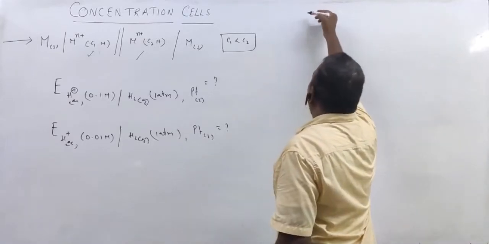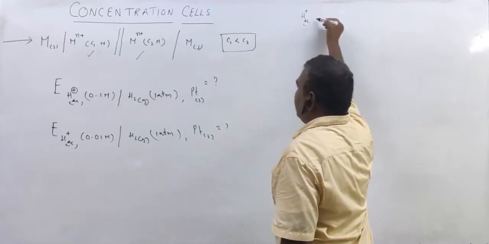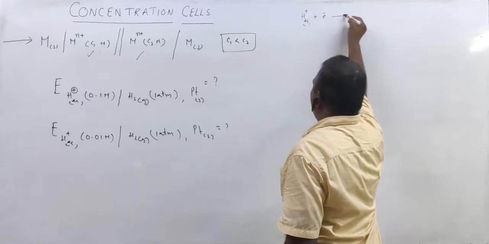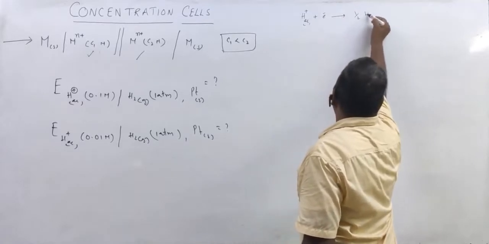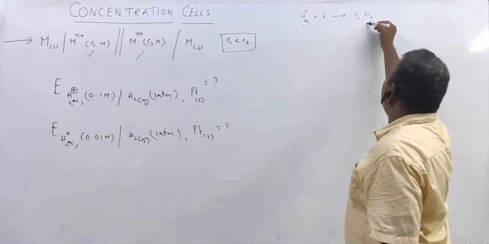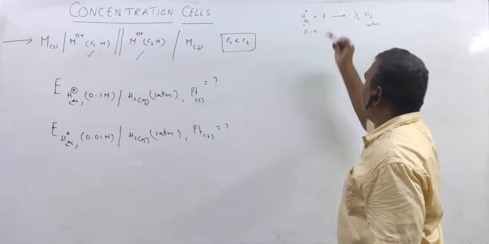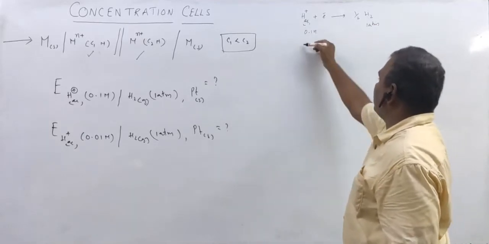Now, what is the reaction at the electrode? H+ plus electron gives rise to half H2. This is 1 atmosphere and it is 0.1 molar. Then apply the Nernst equation.